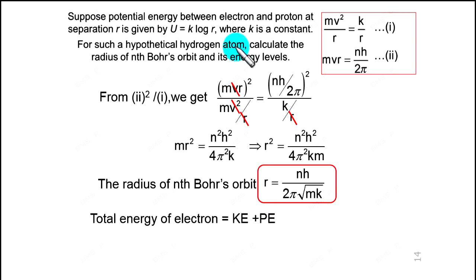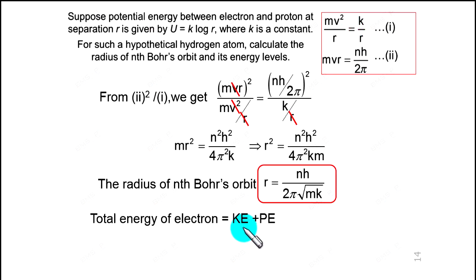The potential energy relation we have is k log r, right? And we know from here mv square equal to k. So, we can write 1 by 2 mv square equal to k by 2. So, we got the kinetic energy.